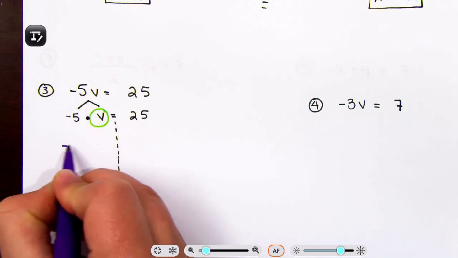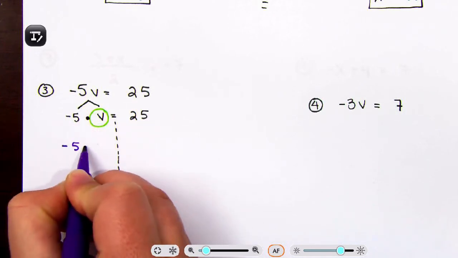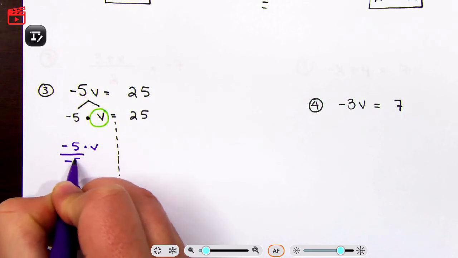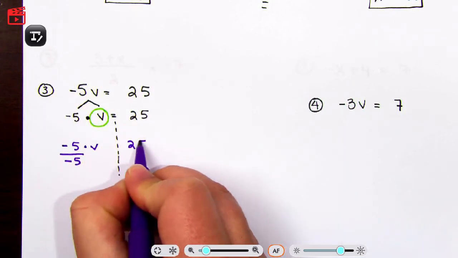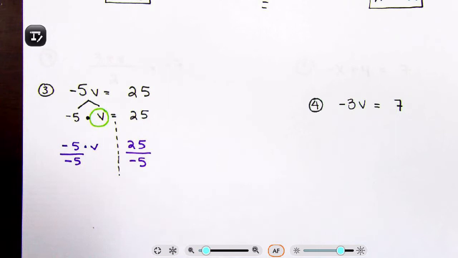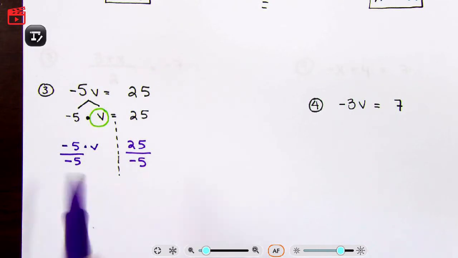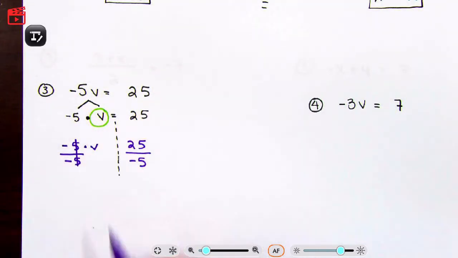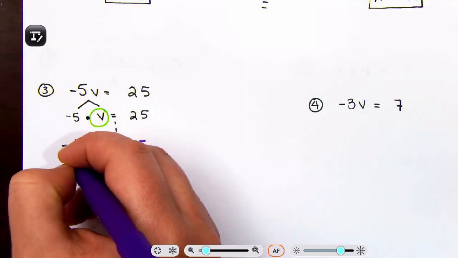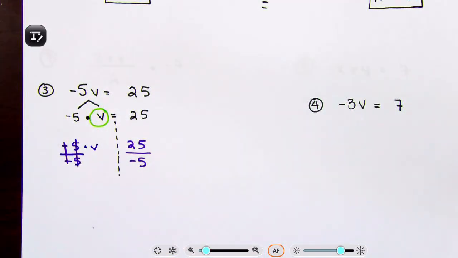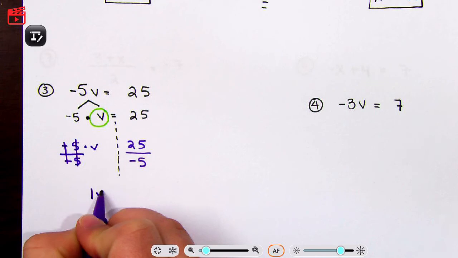So instead of adding, subtracting, we are now going to divide by -5. And the reason I am dividing by -5 is because -5 and -5, 5 divided by 5 is 1. Negative divided by negative is a positive. So therefore, I am left with 1v on this side.